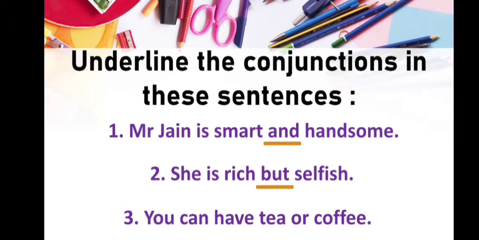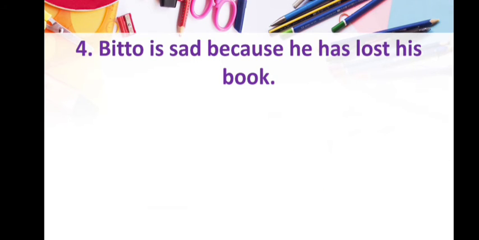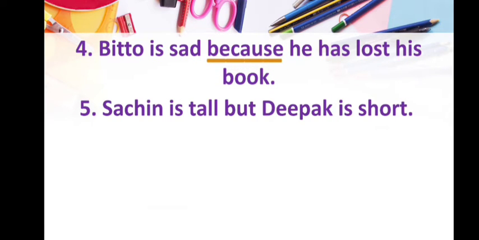The next sentence is you can have tea or coffee. Here the conjunction is or. The next sentence is Bitto is sad because he has lost his book. Here the conjunction is because. The next sentence is Sachin is tall but Deepika is short.